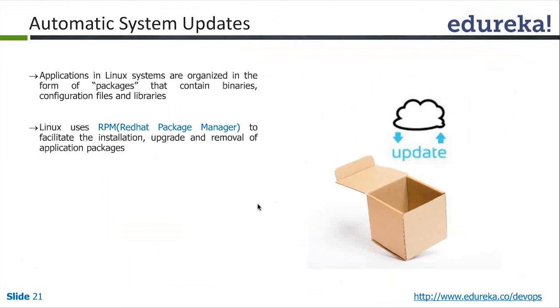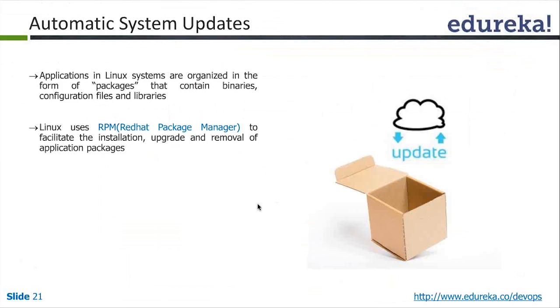Okay, so applications in Linux systems are organized in the form of packages that contain your binaries and configuration files. Each Linux distribution, basically Red Hat, has its own packaging system, right? To facilitate the installation, upgrade, and removal of your packages. Yesterday we saw we used yum, and that's how we installed all of this.